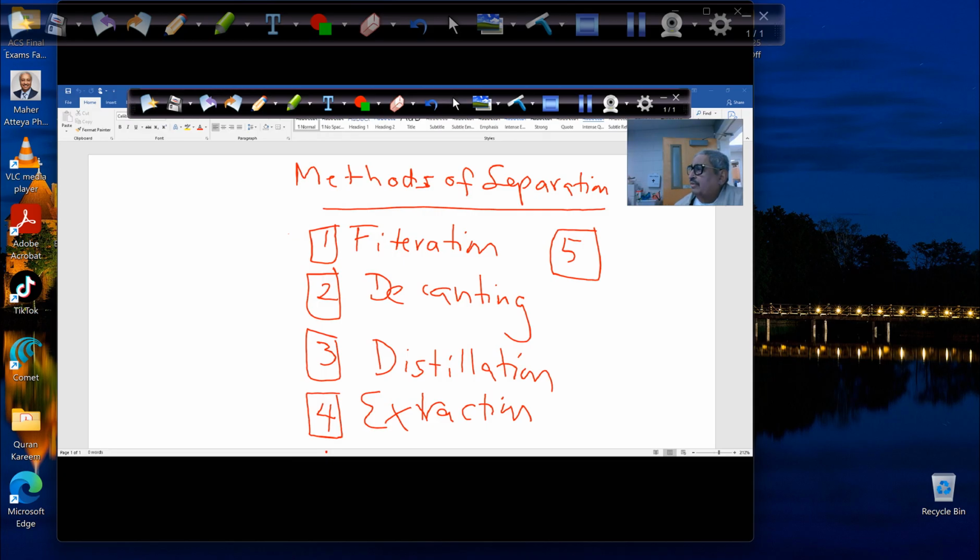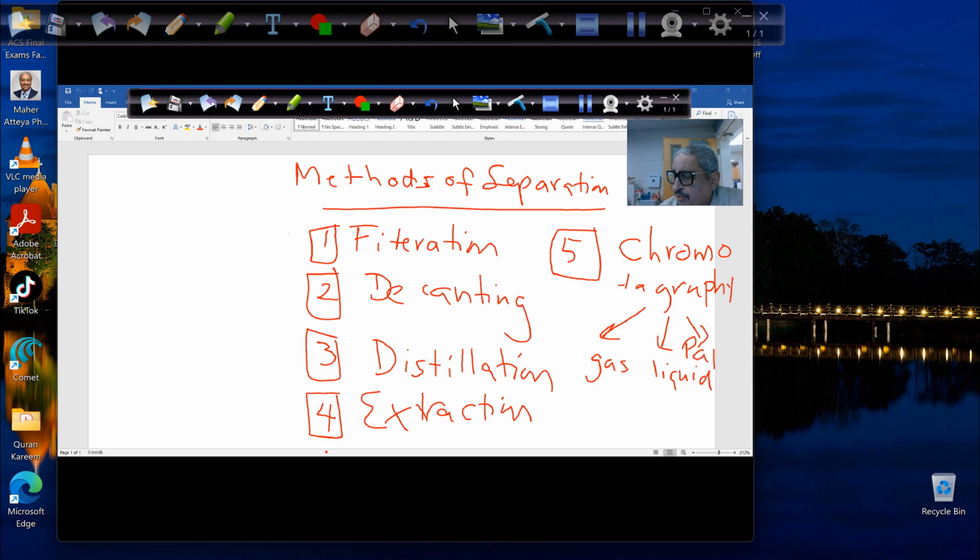chromatography. So we took an experiment, TLC, chromatography, which is a solid-liquid chromatography. And chromatography has different types. It can be gas chromatography, liquid chromatography, or paper chromatography, which is solid chromatography. And there is one last one we can mention.